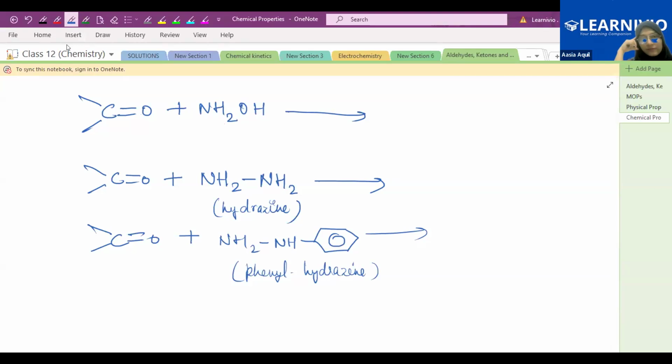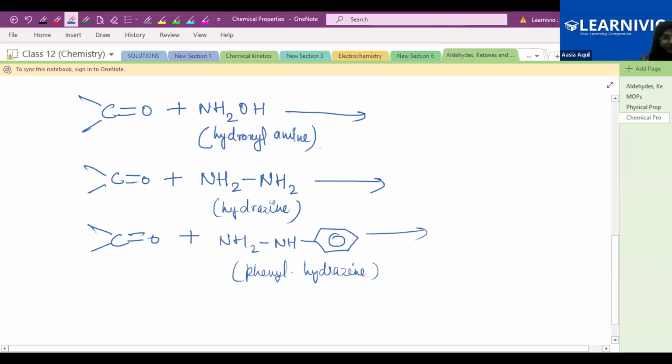Yes, Jubita, first one. When a carbonyl compound is treated with hydroxylamine, what will be the product, Jubita? C double bond N, and what about the next one, OH?